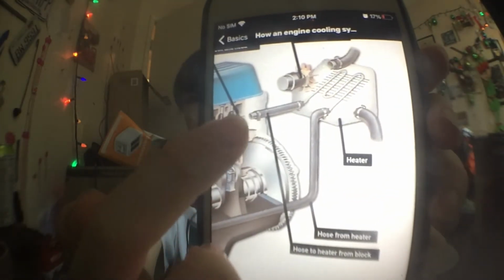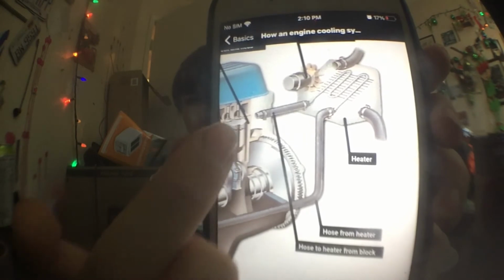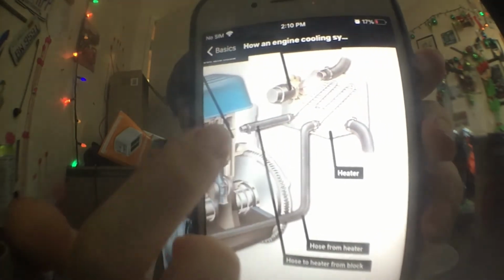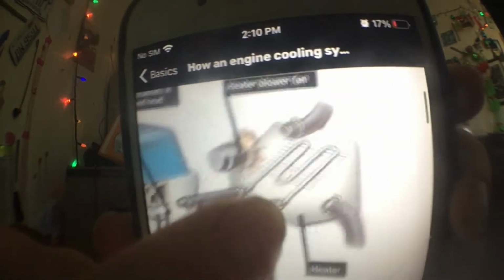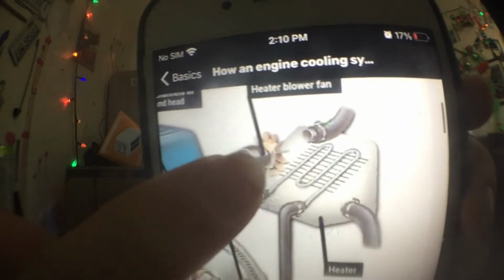Okay, so it comes in from this little pipe. So the engine block is right over here. Comes in to this, the heater. The fan cools it, which I think those little lines are like the coolant lines. So that cools that.